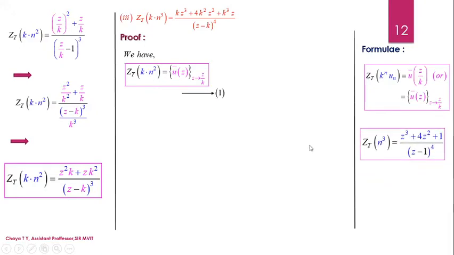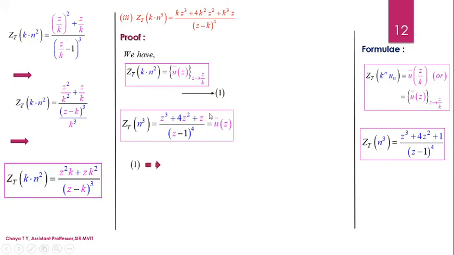Now write down the Z transformation of n cube, which is also a standard Z transformation. It is given as z cube plus 4z squared plus z divided by z minus 1 to the power 4, which we call u bar of z.